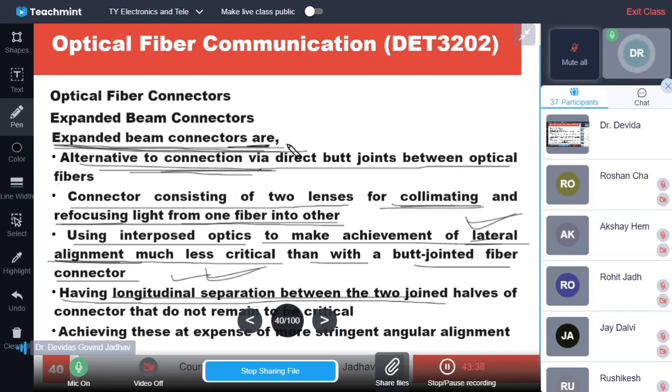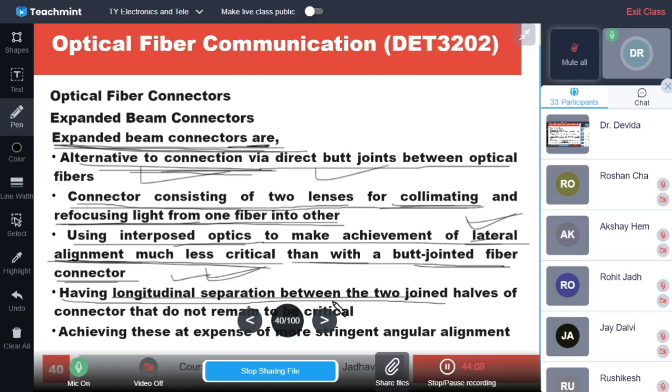So expanded beam connectors are the alternative to directly butt jointing. The expanded beam connector consists of two lenses for collimating and refocusing the light, and uses interposed optics to make lateral alignment much less critical than with butt jointed fiber connectors.